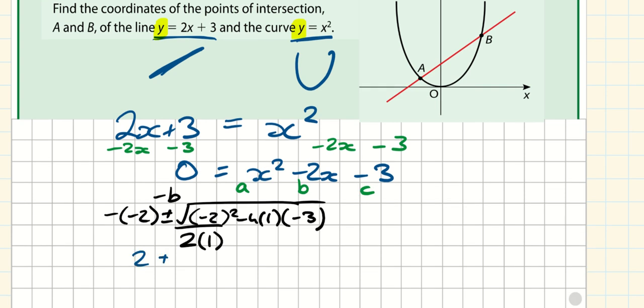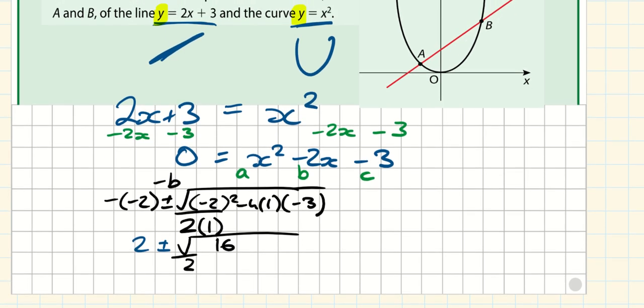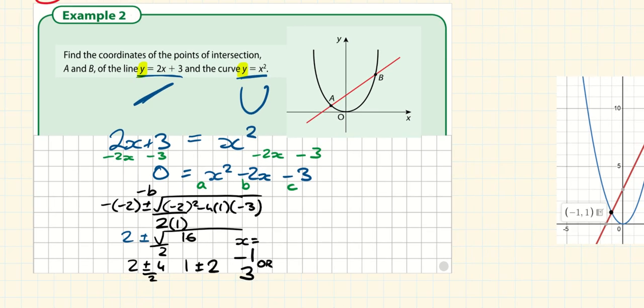So this becomes 2 plus or minus the square root, 2 squared is 4 plus 12, so root 16, over 2. So 2 plus or minus 4 over 2. So it's 1 plus or minus 2. So your answers are minus 1 or 3. Those are your two options for x. So x is equal to minus 1 or 3. And that matches up with the diagram. We've got a minus 1 here or a 3 here.